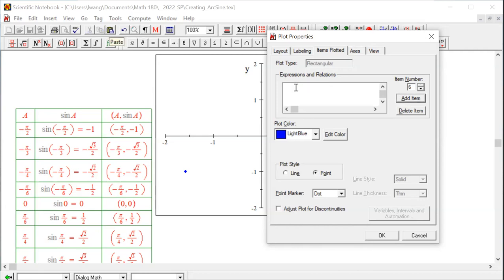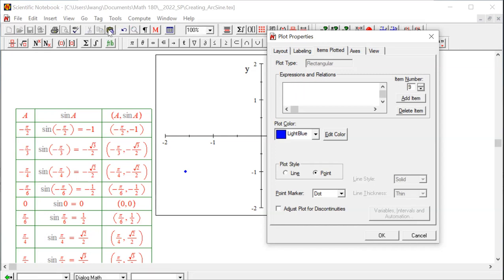And 0, 0. One more dot, pi over 6, and positive 1/2. Okay, we need to remove that negative sign. One more, keep going, right? That's going to be pi over 4, and this is going to be root 2 over 2, right?